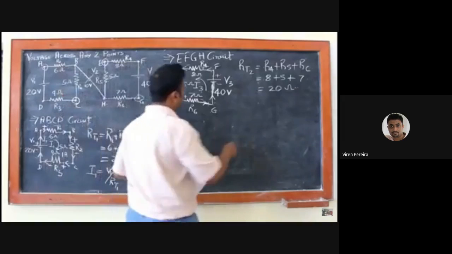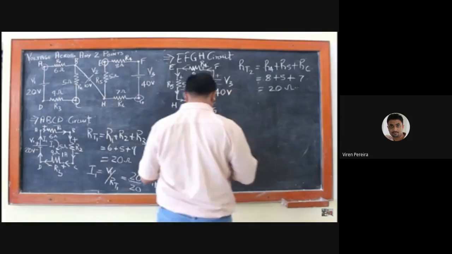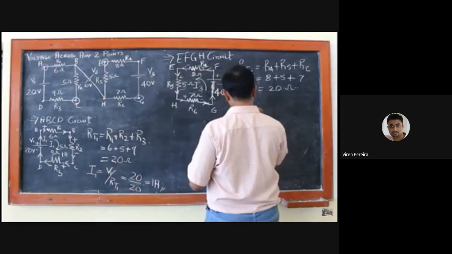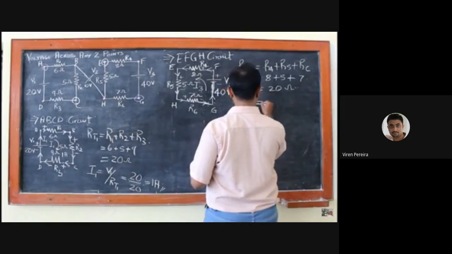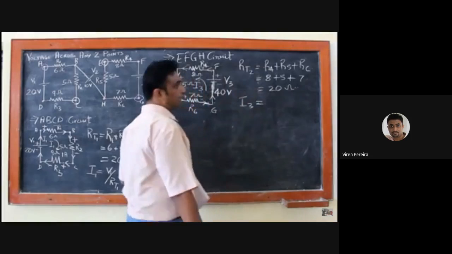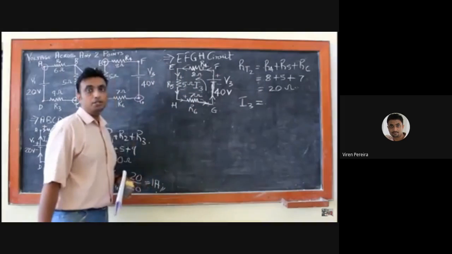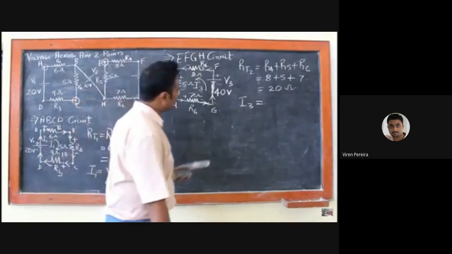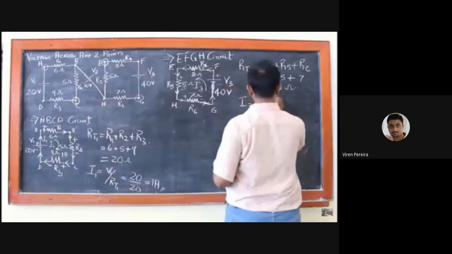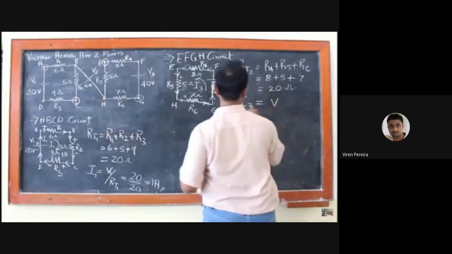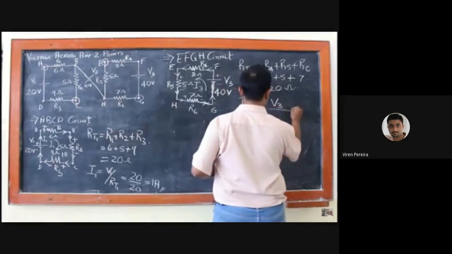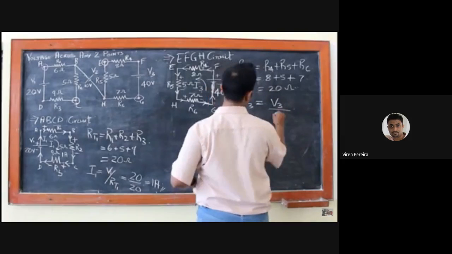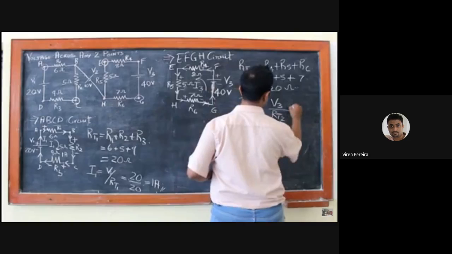After getting my RT2, I'll find my I3. According to Ohm's law, we have V equals I into R. So I3 will be equal to V3 divided by RT2.